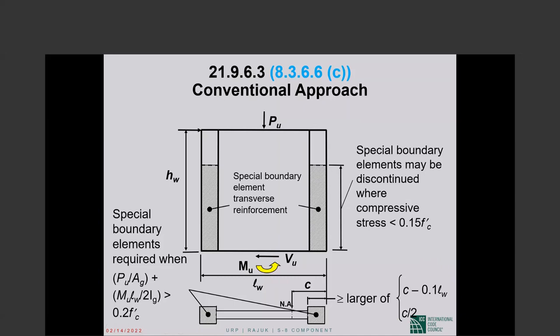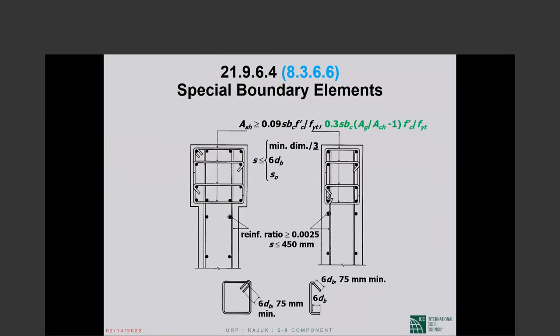The extent of confinement into the shear wall is 1/2 of the neutral axis depth or the neutral axis depth minus 1/10 of the length of the shear wall, whichever is the larger of the two. So even in the conventional approach, we need to calculate neutral axis depth. Along the height of the shear wall, as I said, we are allowed to discontinue the special confinement when the combined compressive stress falls below 15% of F sub C prime. Okay? So this is the conventional approach.